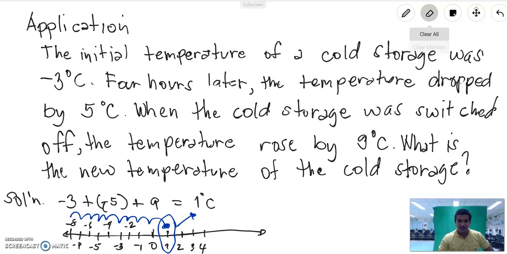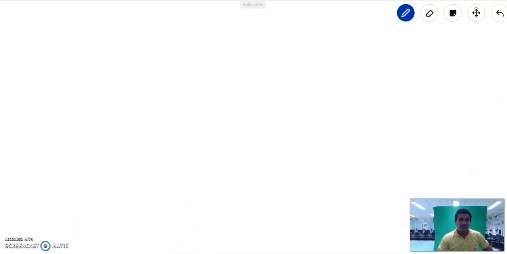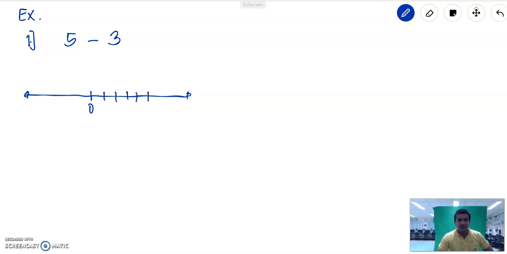Okay, so we clear this one up. So for example, we have 5 minus 3. Okay, so in the line graph, we will have 0, 1, 2, 3, 4, and 5.